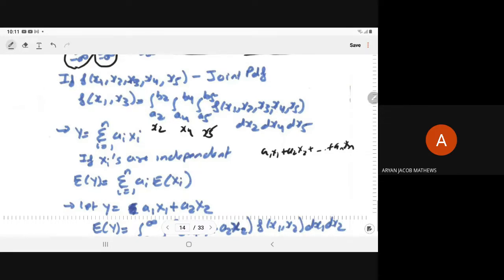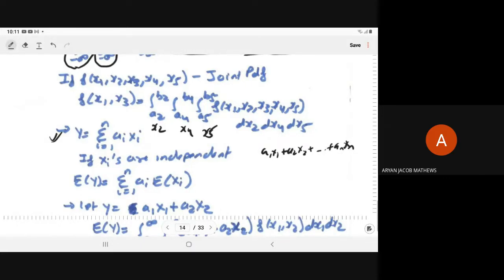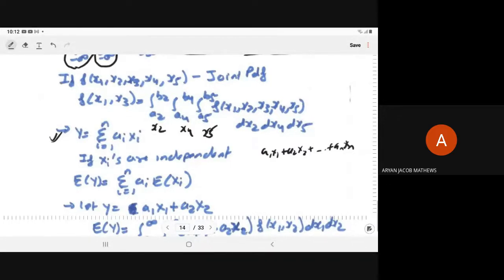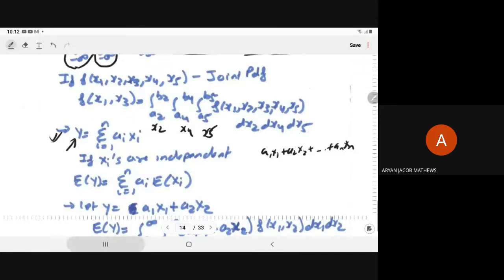So if you define y equal to the summation of ai xi, where the xi have known distributions and y is the linear sum of the random variables, it implies that y is also a random variable.